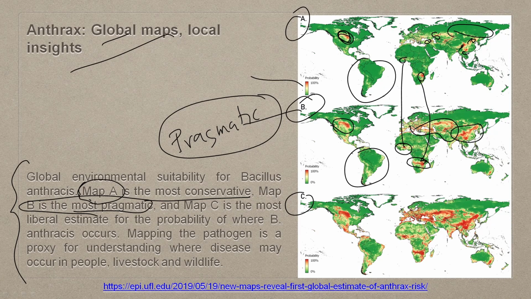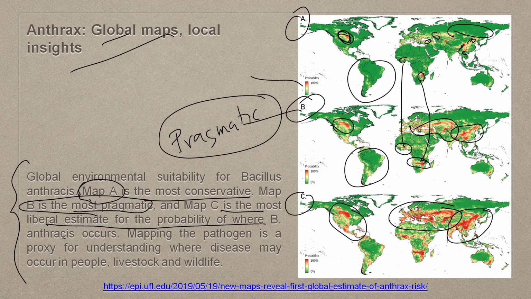And the third map is the most liberal estimate of a probability where Bacillus anthracis occur. If you look at this one, now this is far bigger, almost part of India, almost the eastern coast of India.